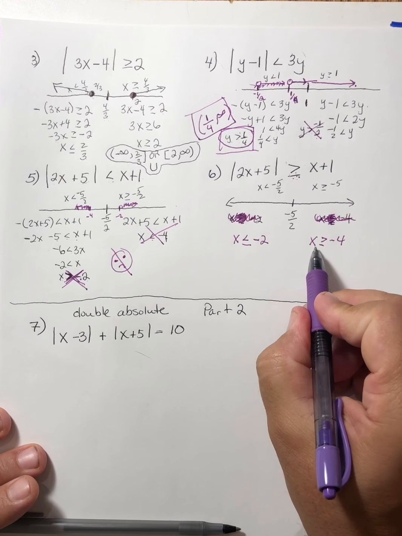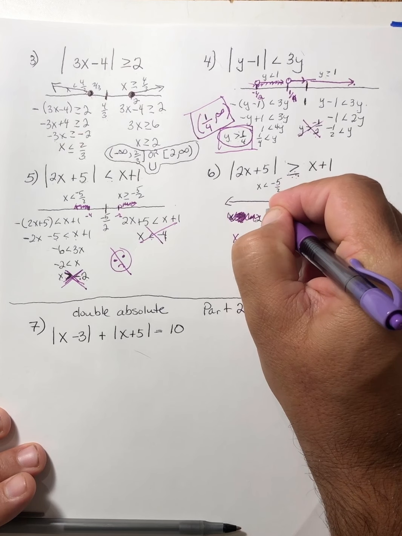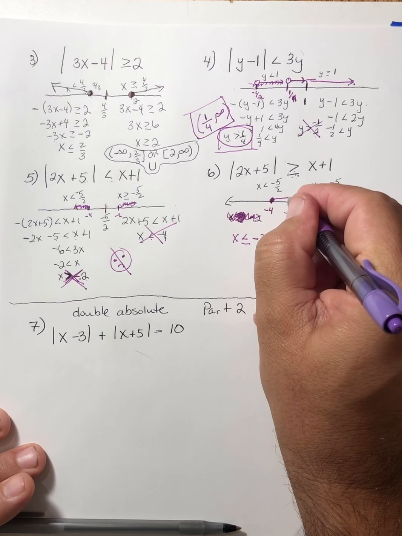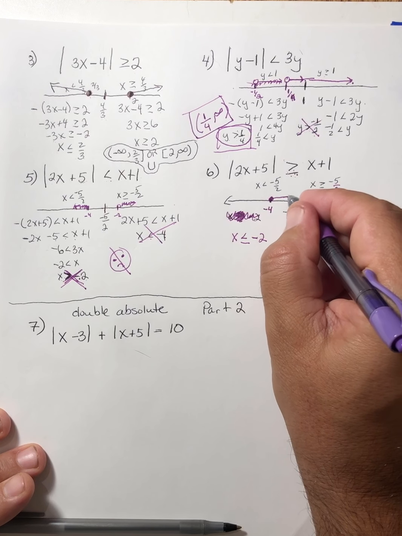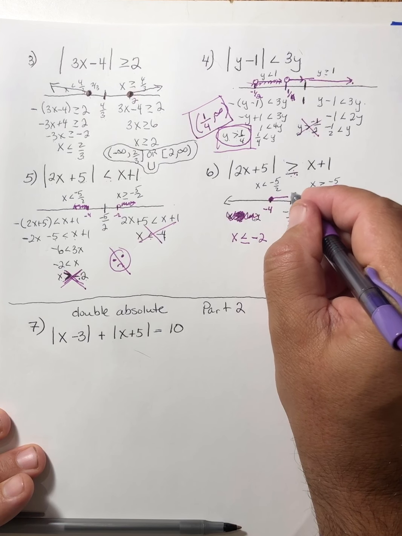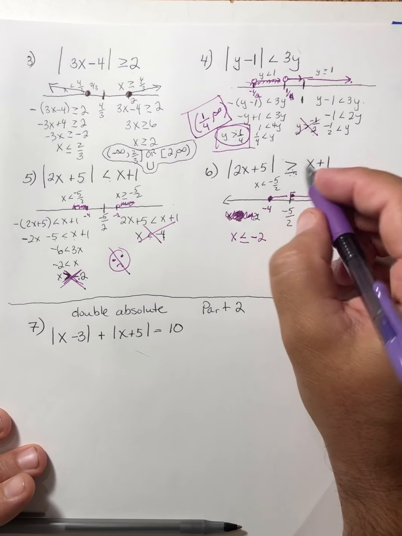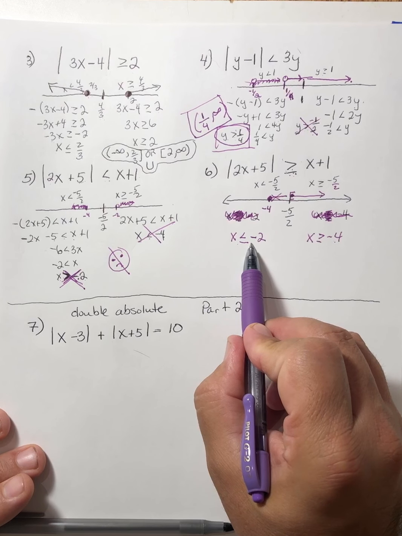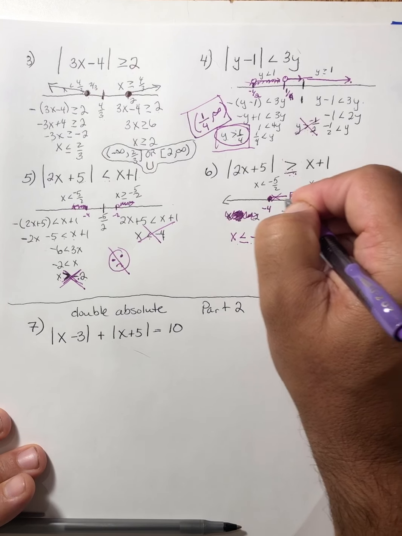All right. So now, negative 4 again is on the wrong side. Here's negative 4 right here. Closed circle, and it goes to the right, but it only exists after the negative 5/2. So this right here only exists from negative 5/2 to the right. So all of this going to the right. So over here it doesn't exist. Negative 2 is over here, and it goes to the left.